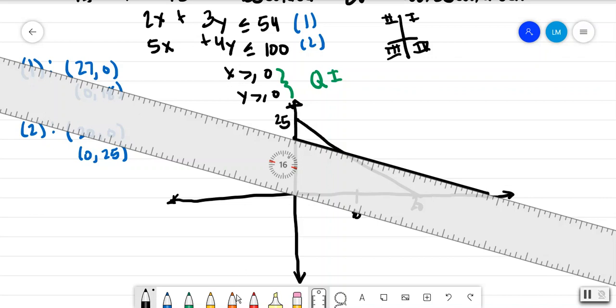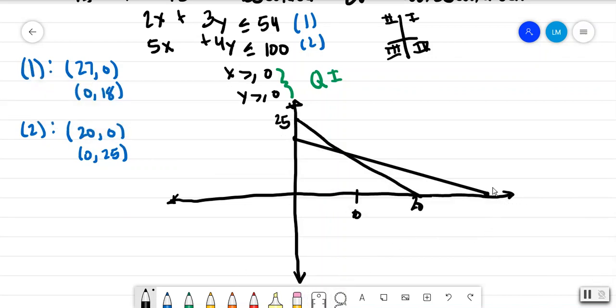Now what we're going to put here is that this is 27. Now here's where it gets a little interesting. We know that we're restricted to the first quadrant, so 0, 0 is kind of like a boundary point. And then there's a point of intersection right about here, and furthermore these points right here, right here, right here, and right here.